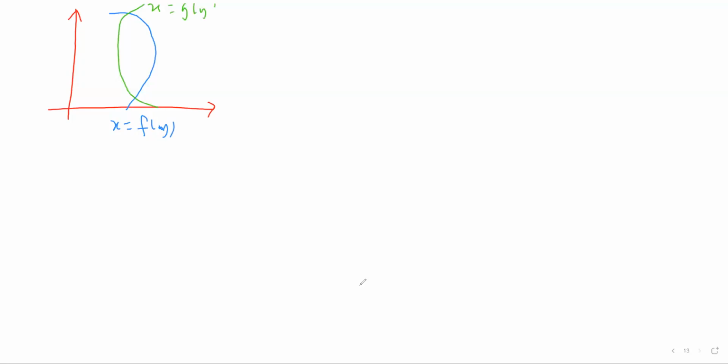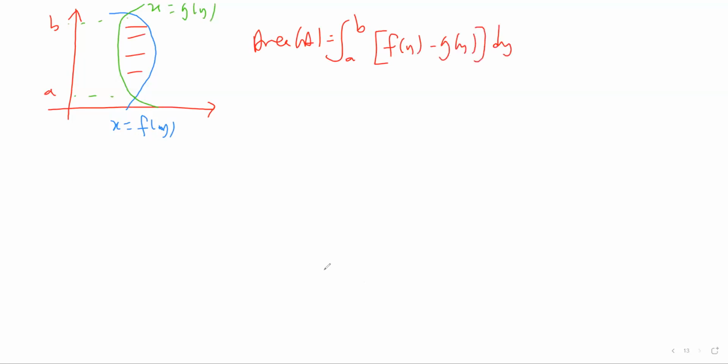So if you have a curve like that, which is x is equal to f of y, and then you have another curve like this, which is x is equal to g of y, where the integration is a to b, then the area in such a case is from a to b, but now it's going to be f of y minus g of y dy along the y-axis.